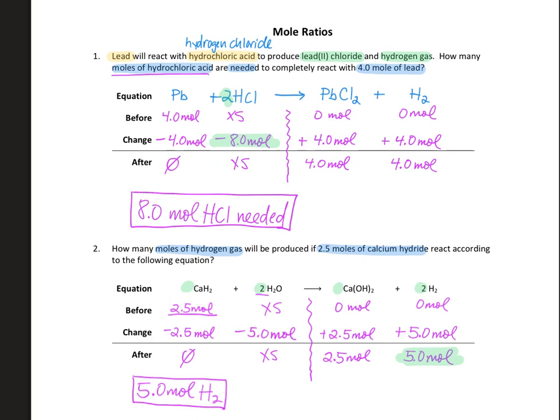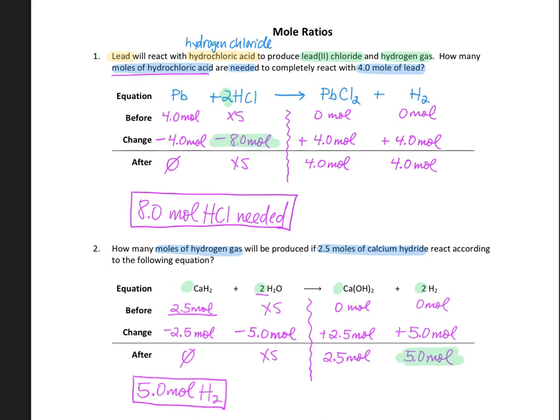Okay, so change. At this point, we know we're going to use up both reactants, so I'm going to subtract moles of those, and we're going to create product, so I'm going to add moles of CO2 and H2O. Again, these coefficients and our ratios that come from them are not as straightforward as we've had so far, so we're going to need to set up proportions to solve for those.